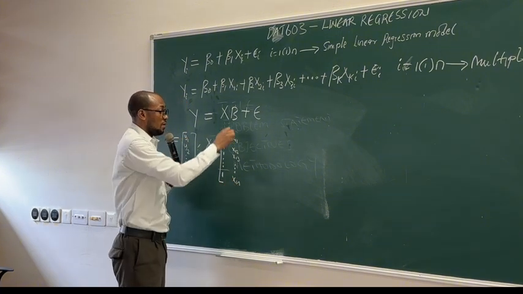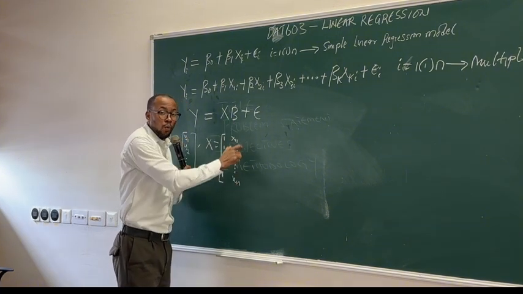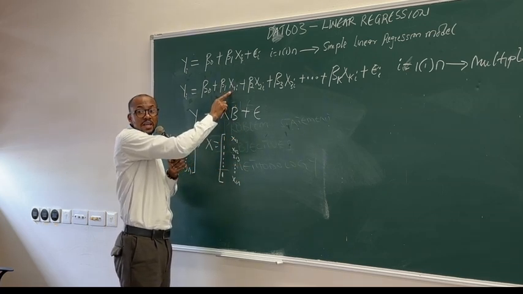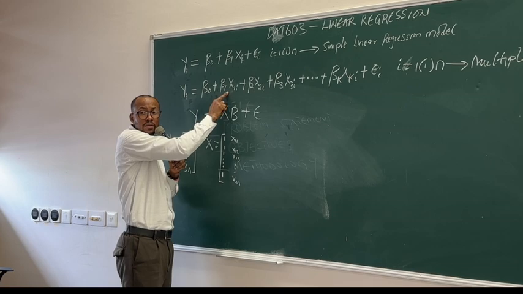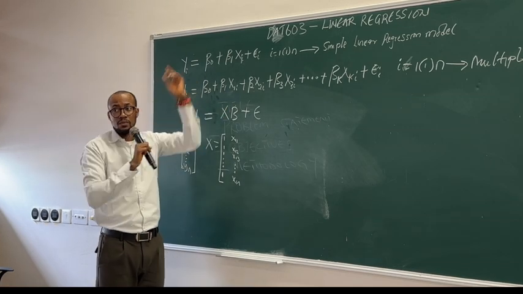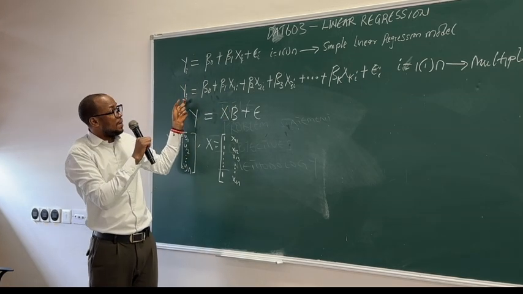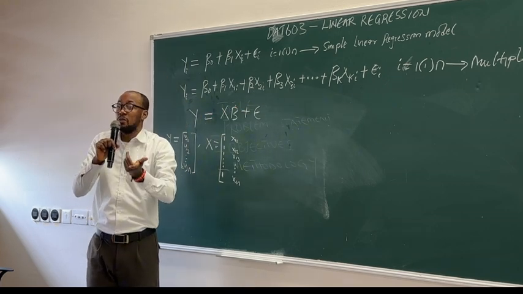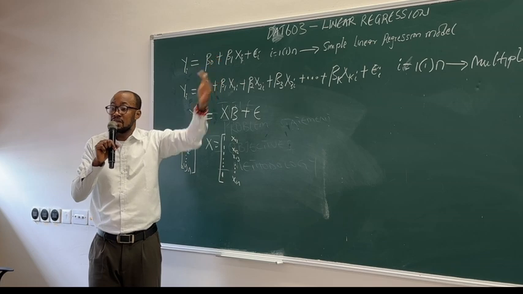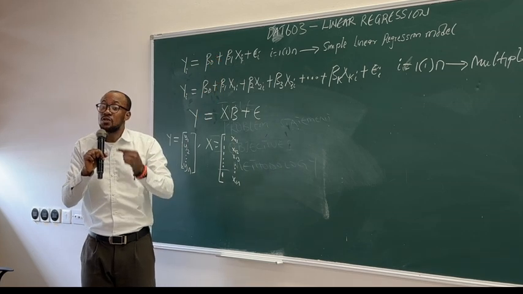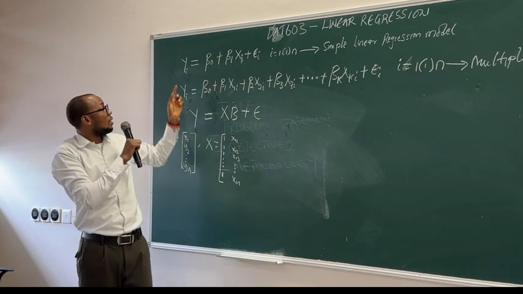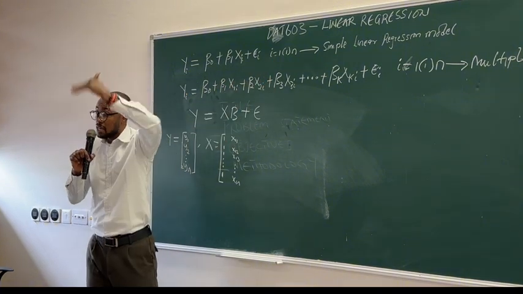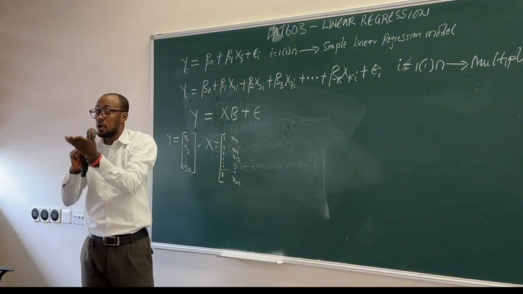Now the second column will be all observations of the first explanatory variable. You see, y has how many observations? It's usually n observations. When you carry out a regression analysis, you have a sample size, so that sample size is n. Y has n observations, and the explanatory variables also have n observations.